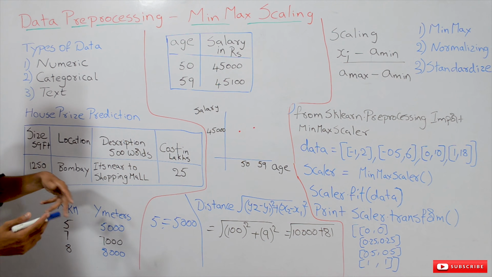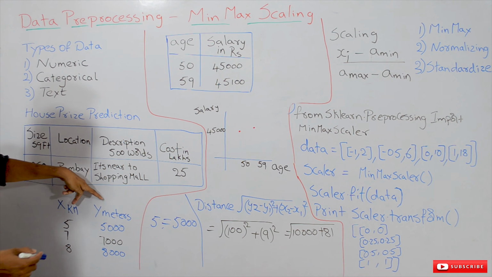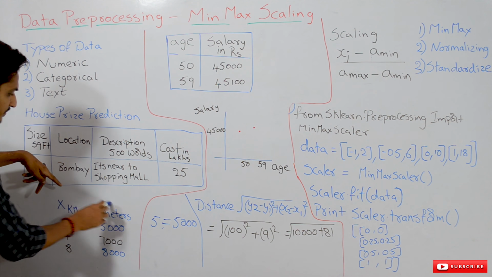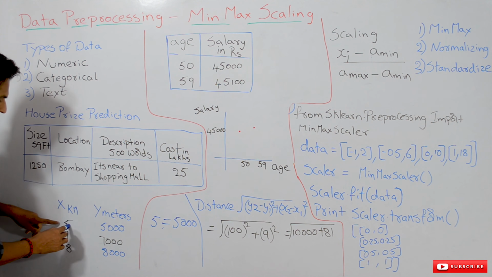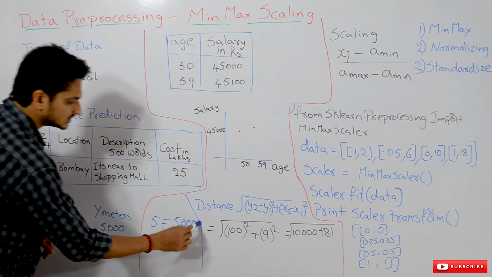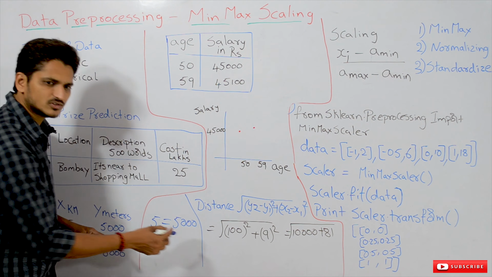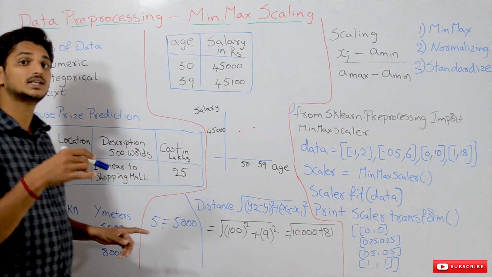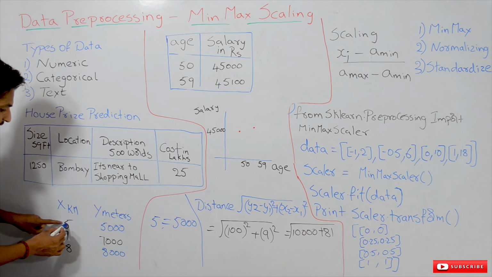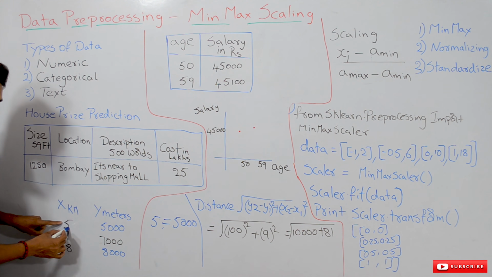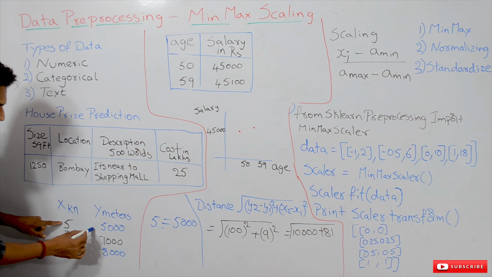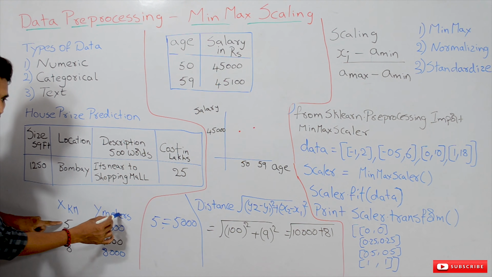If you do any comparison on these 2 features, let's take we are comparing these 2 features. 5 equal to 5000. This is the comparison which we consider here. Is 5 equal to 5000? No. But logically, 5 kilometers is equal to 5000 meters.